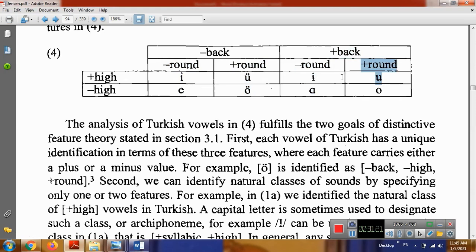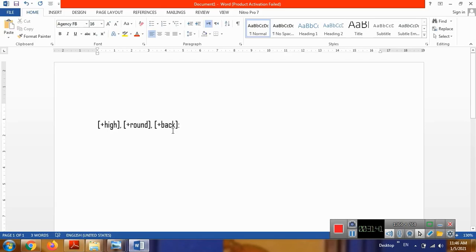Plus high, these four are plus high. Plus round, plus high and plus round are U and U. And the other is plus back. Which one is plus high, plus round, plus back? It is U. Okay.